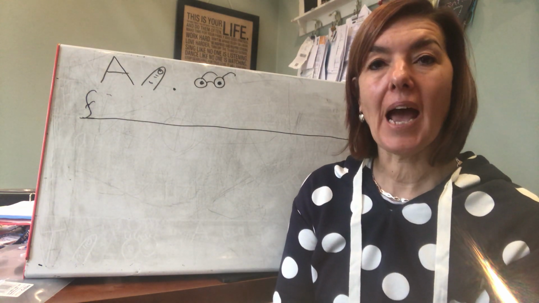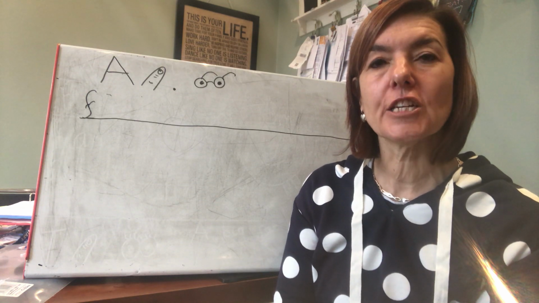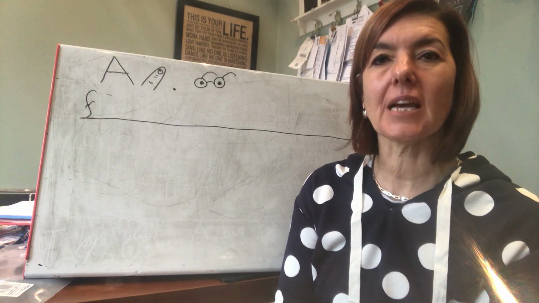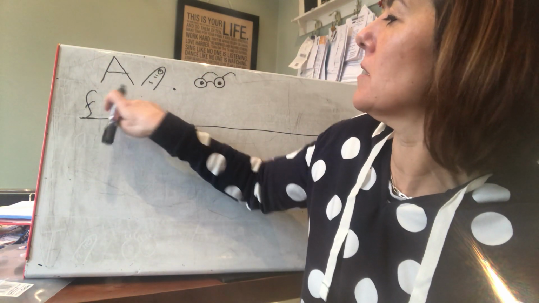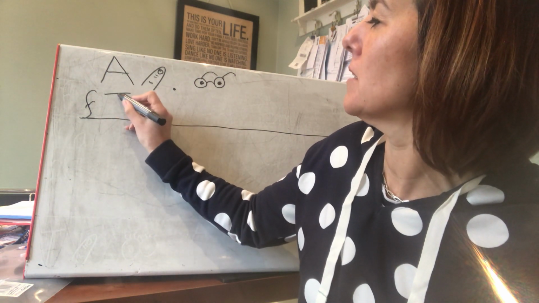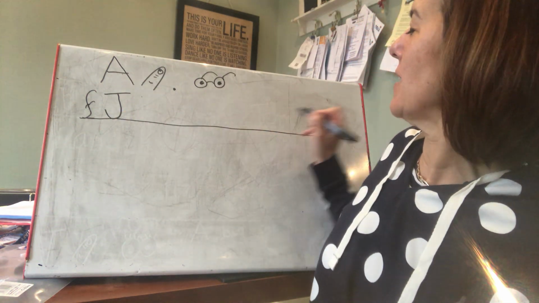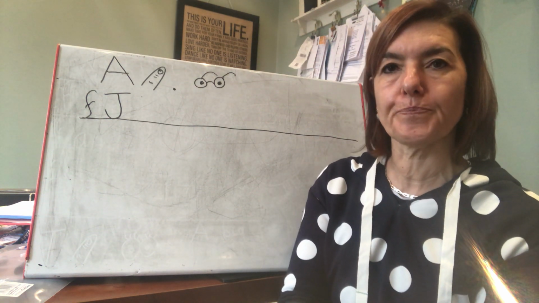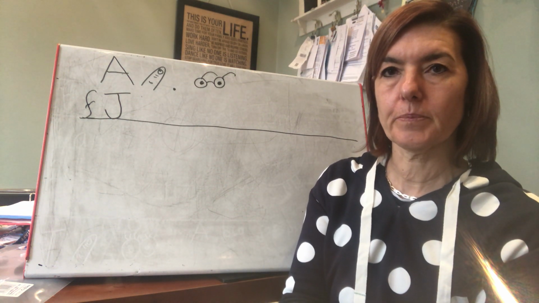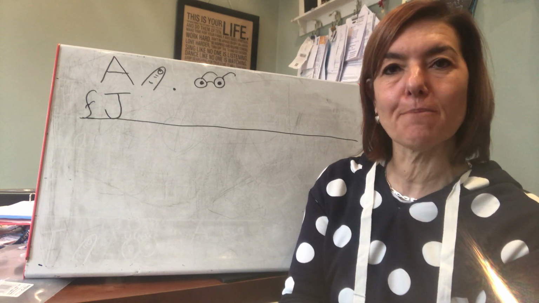Jim had a red cup. Again, Jim had a red cup. And the capital J looks like this. J. Jim had a red cup. Full stop. Pause the video, off you go. Okay, did you write Jim had a red cup?